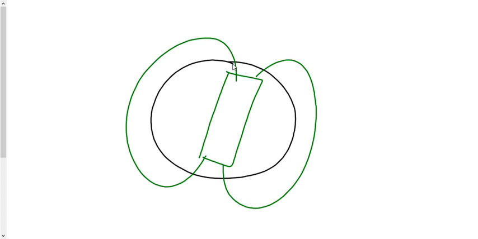Now this is Canada up here. And this is Antarctica down here. This is the equator right here. If I was to take a compass and stand at the equator, which way would that compass point? Towards Canada or towards Antarctica?